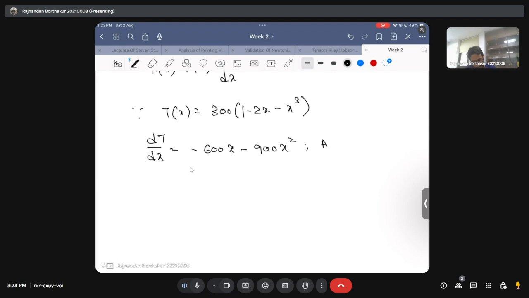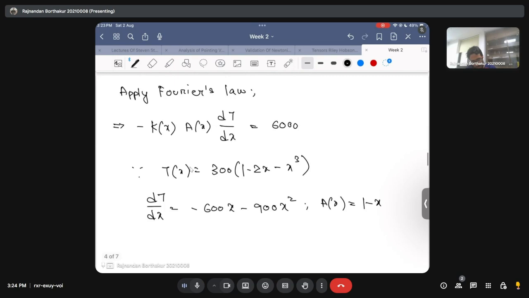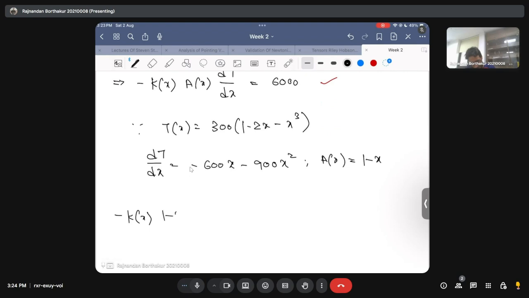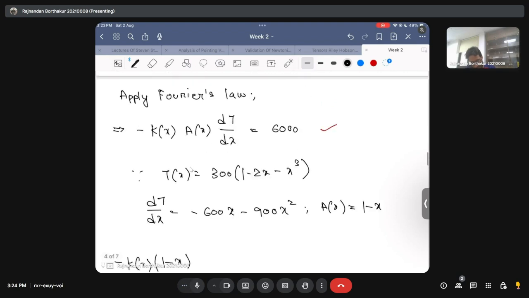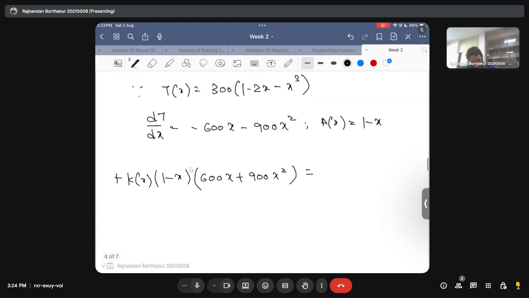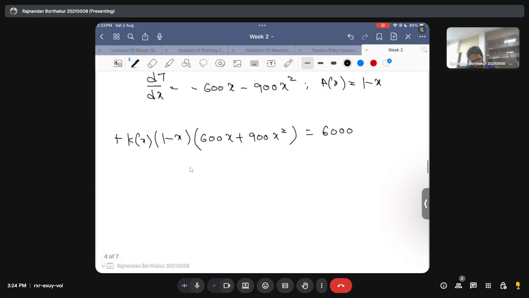Area A of x is just 1 minus x. And if you just substitute these values over here, what will you get? You'll get minus k of x times A of x, which is 1 minus x, times dT/dx, which is minus, so I'll take the minus sign common, which means it will become a plus sign, and then this would become 600 x plus 900 x squared, and then this is equal to 6000, which is the rate of heat transfer.